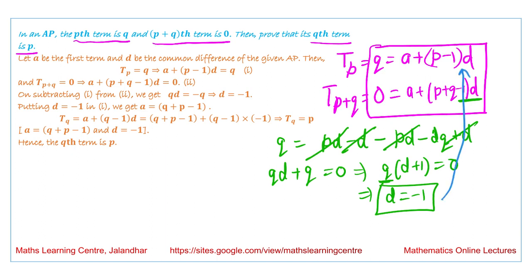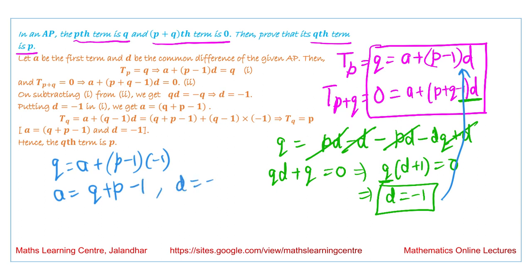Now we substitute this value of d in the first equation, and we obtain q is equal to a + (p − 1)(−1). So we obtain the value of a is equal to q + p − 1. We have a equal to this, d equal to −1. Now we want to calculate the qth term.